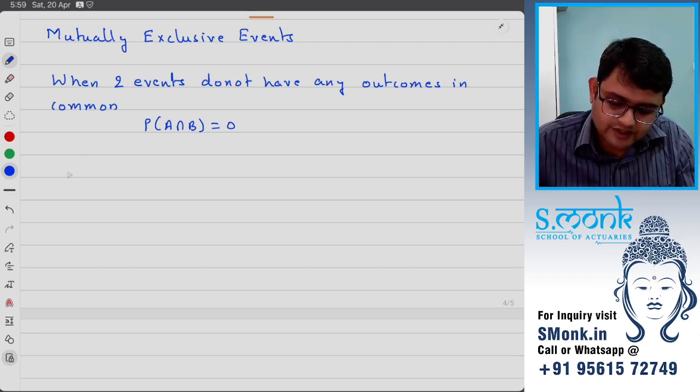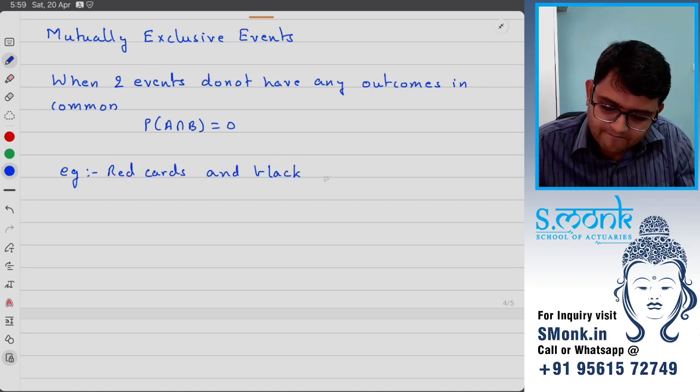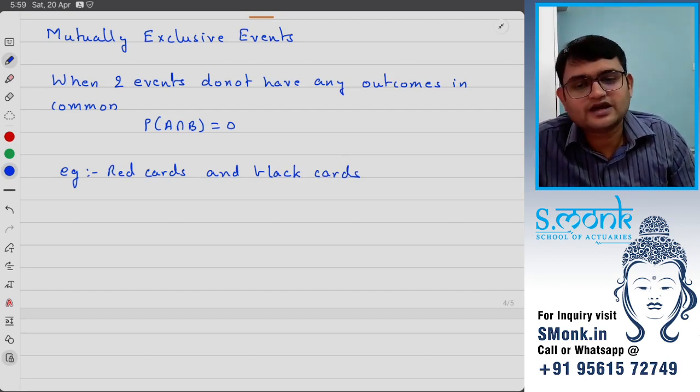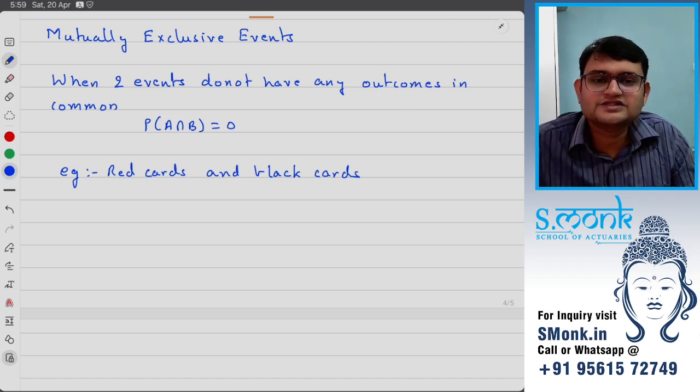So for example, I'll say red cards and black cards. So there is no card that is red as well as black. Correct. So that is why there is nothing in common.